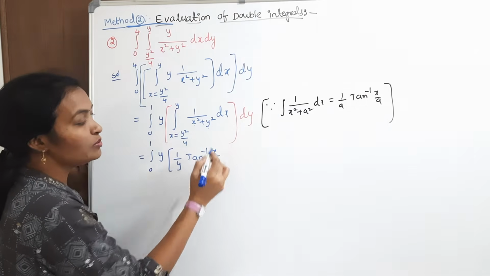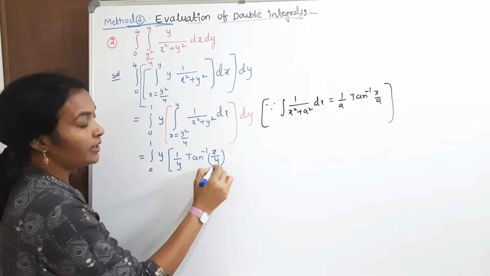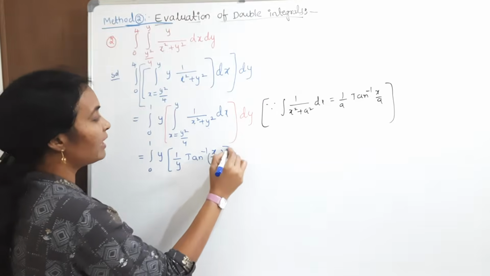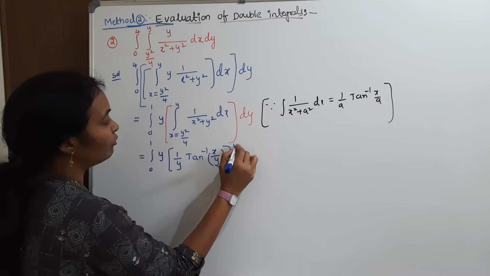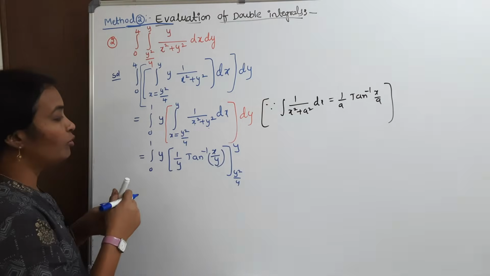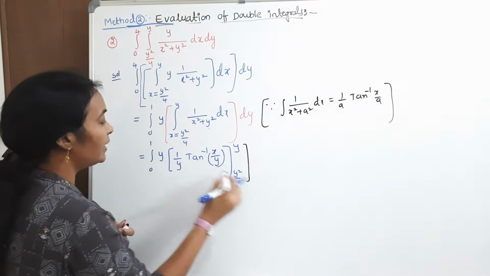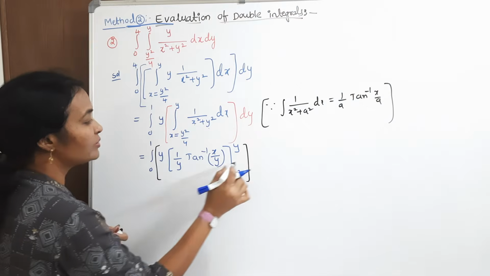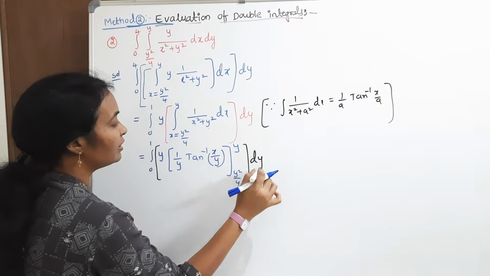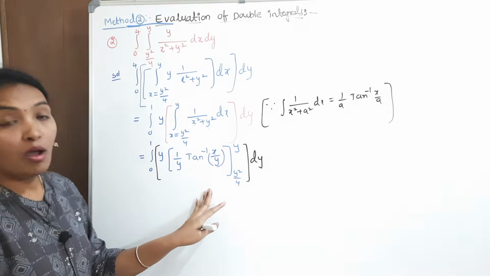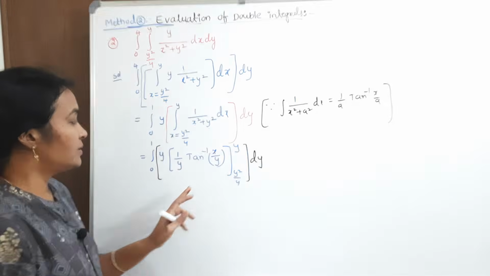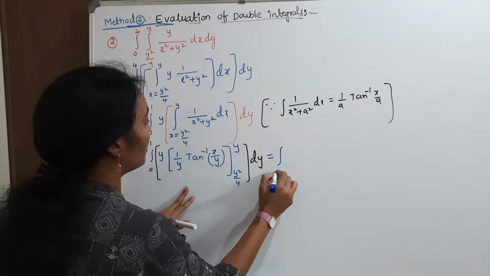X by a is what? Y. Okay, is it clear all of you? Then after that apply the limits y square by 4 to y. Finally, after simplification, one more dy is remaining, dx is done. Then apply the boundaries, upper and lower limits.